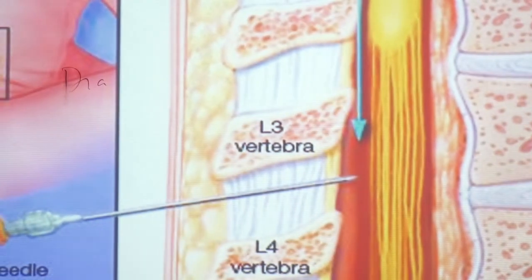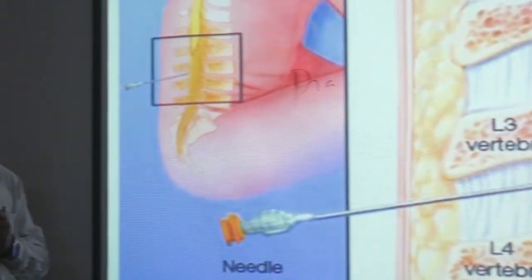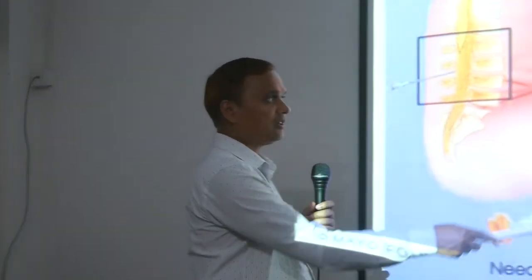These are the tail-like structures. These are the cauda equina. Yes, that is the cauda equina.